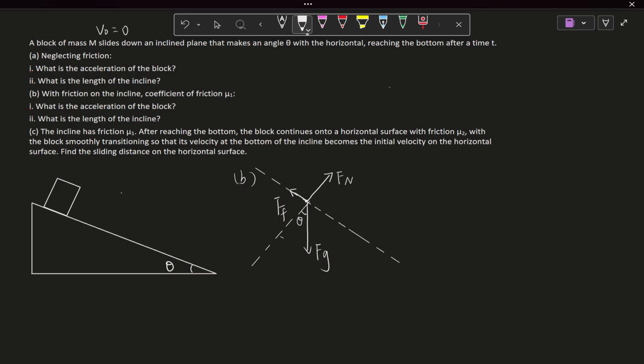So let's break Fg into components. This is the component along the direction of the incline. This is the component perpendicular to the slope.